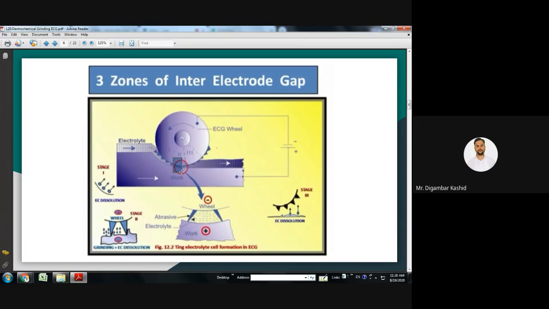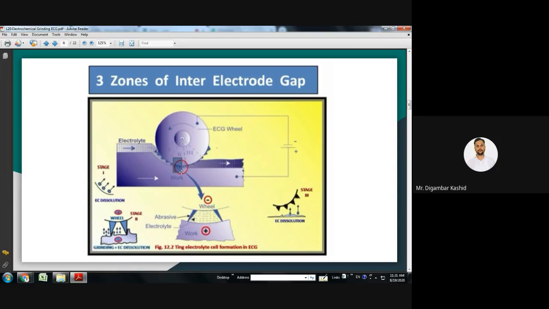As a result, local electrolyte pressure will increase in zone number 2. It forms some gas bubbles in that gap, and that will yield a higher removal of the material.